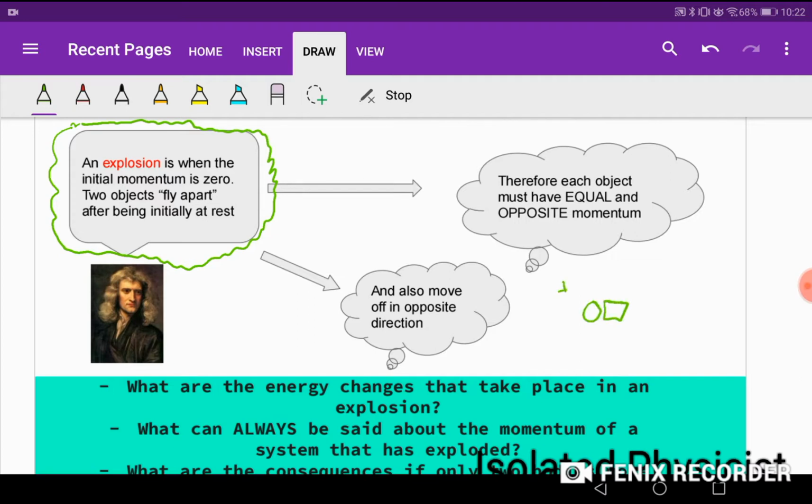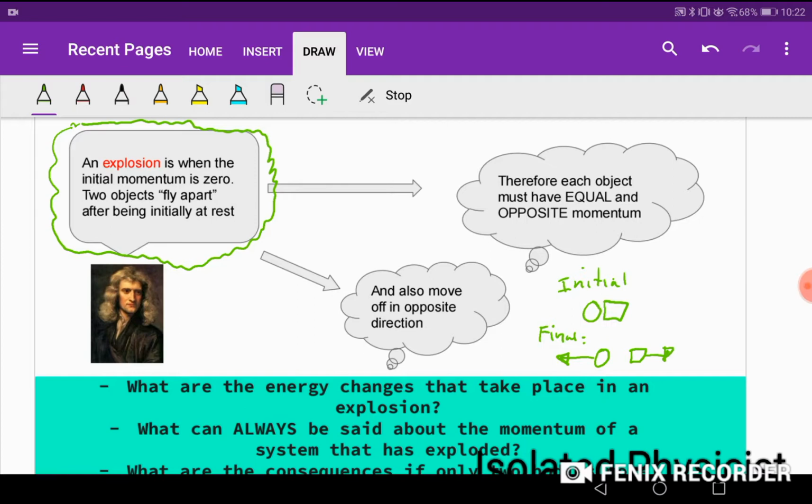This could be the initial state, and then the final state could be the circle going that way and the square going that way. So, two objects initially at rest and then they go in opposite directions.